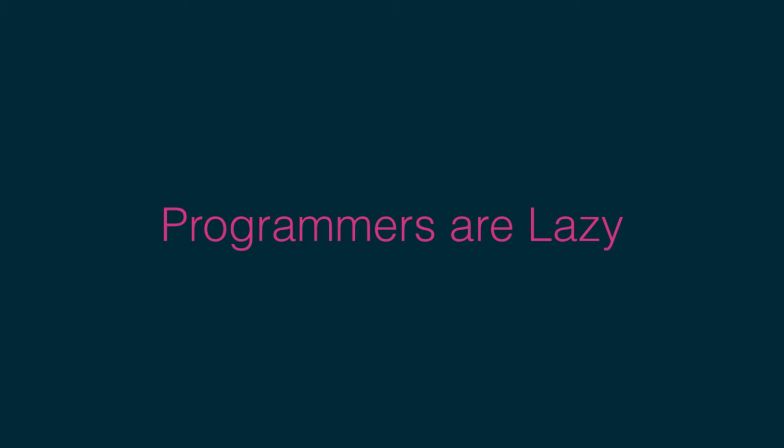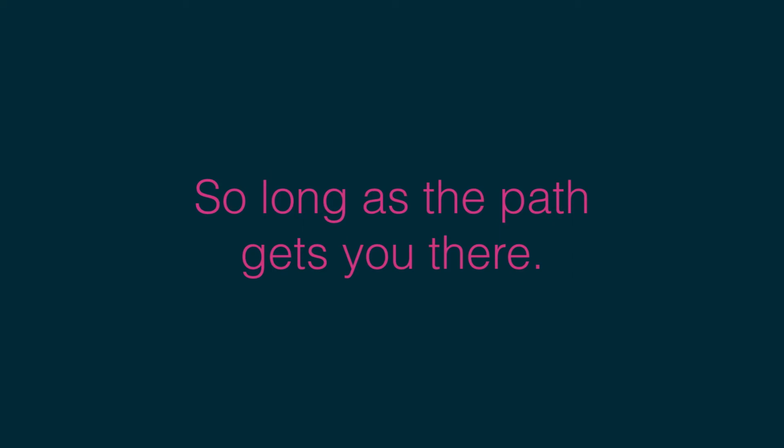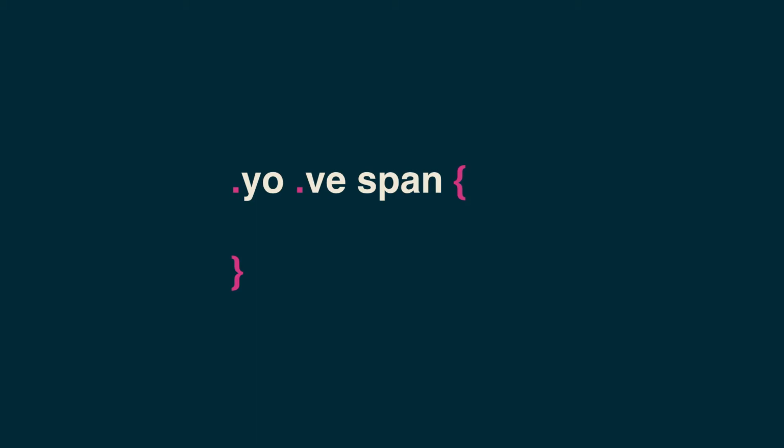But because programmers are lazy, there's no need to specify everything, so long as the path gets you there uniquely. Another solution you could have had was just traversing the classes to get to the span.